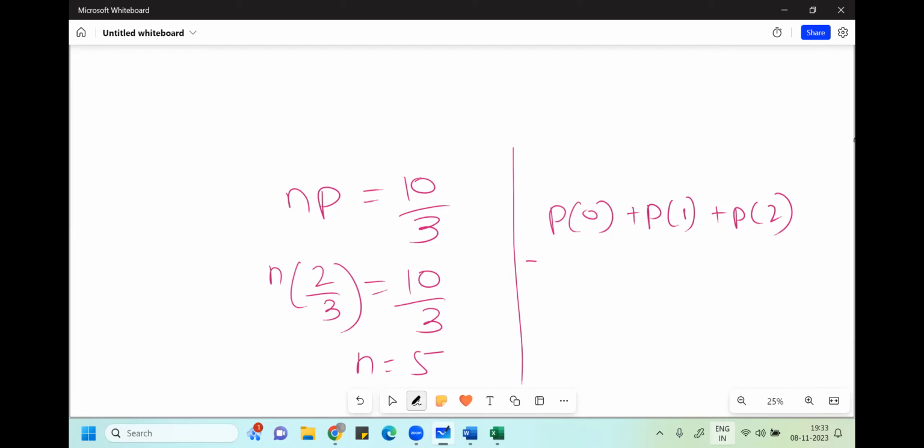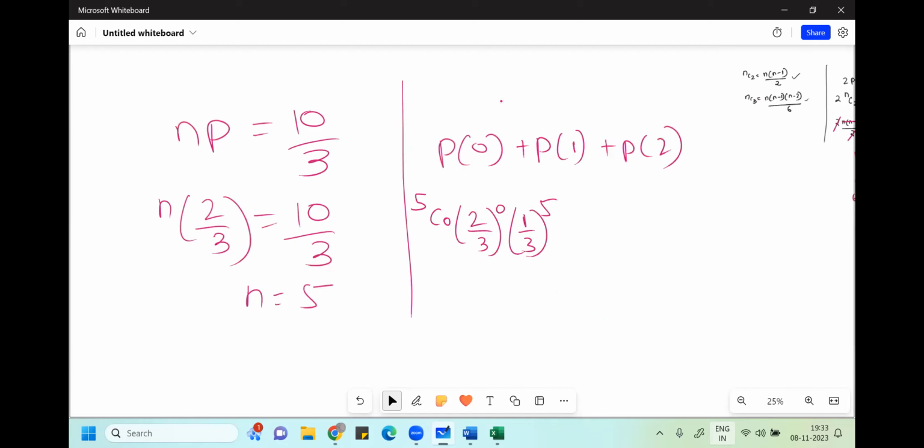So this would be 5c0, 2 by 3 to the power 0 and 1 by 3 to the power 5, plus 5c1, 2 by 3 to the power 1 and 1 by 3 to the power 4, plus 5c2, 2 by 3 to the power 2, 1 by 3 to the power 3.